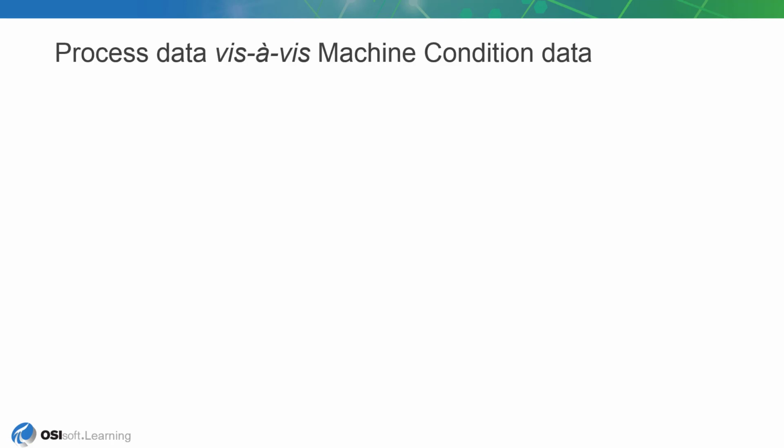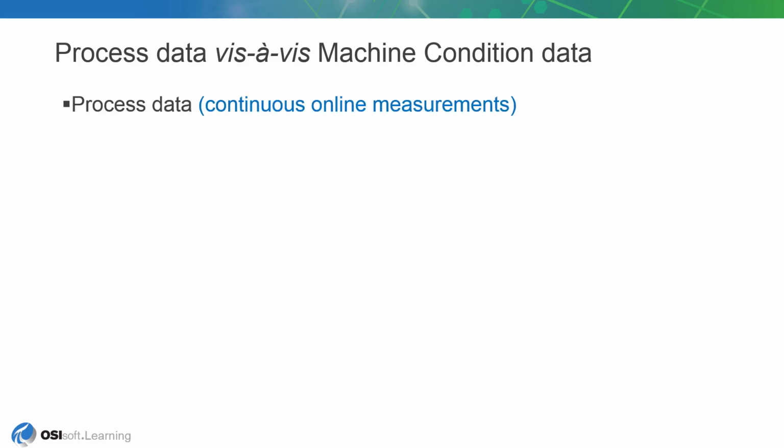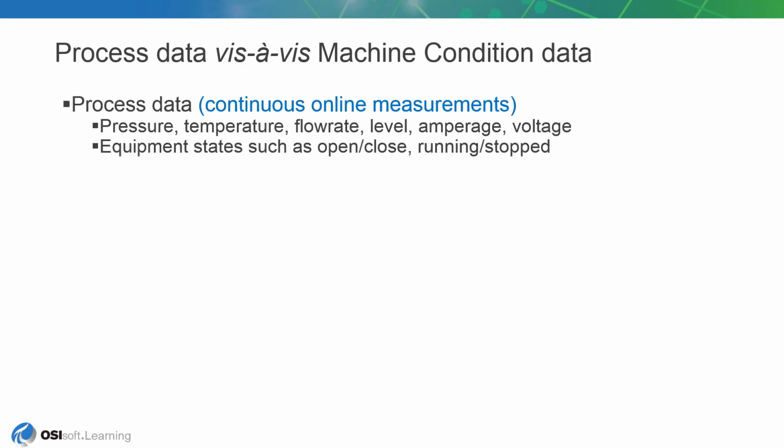We need to clear up some terminologies. What is process data vis-a-vis what is machine condition data? In the PI system context, process data is continuous data and comes in very frequently, every second, every 5 seconds, every minute, etc. Pressure, temperature, flow rate, equipment states available from the SCADA, open, close, running, stopped.